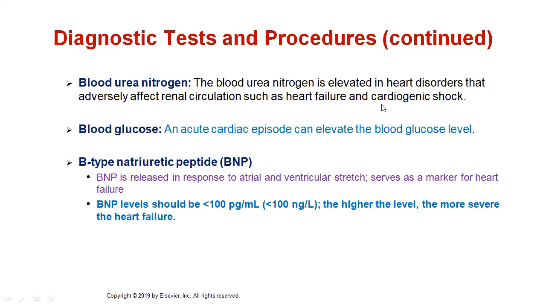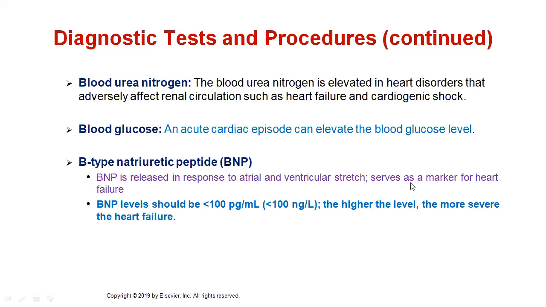So if your patient has diabetes for a long time, there is a chance of developing heart disease. Another most important marker is BNP. BNP stands for what? B type natriuretic peptide. So BNP is released in response to atrial or ventricular stretch, ventricular tissue or atrial tissues.